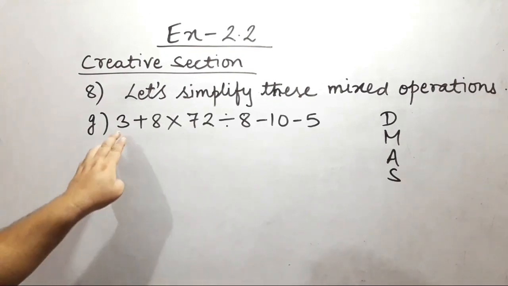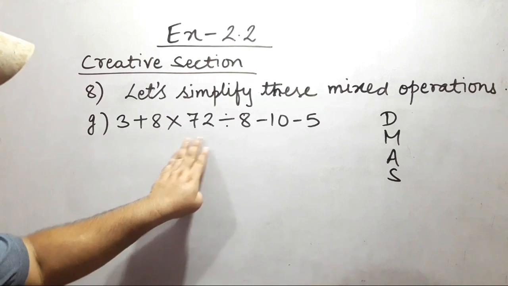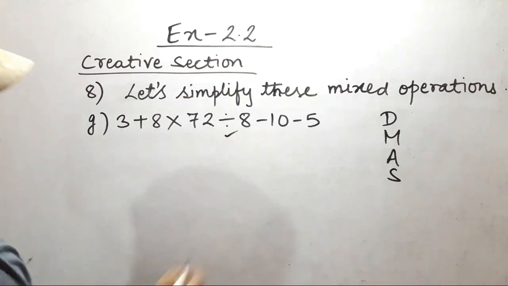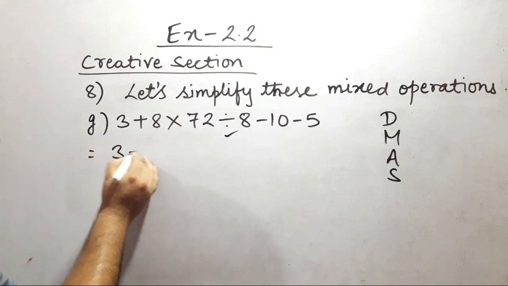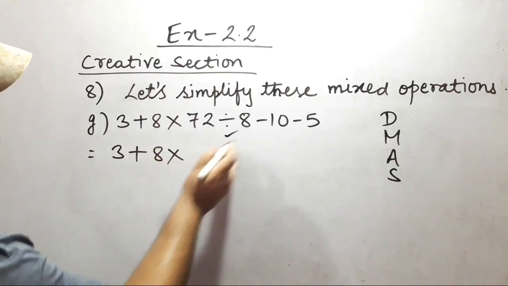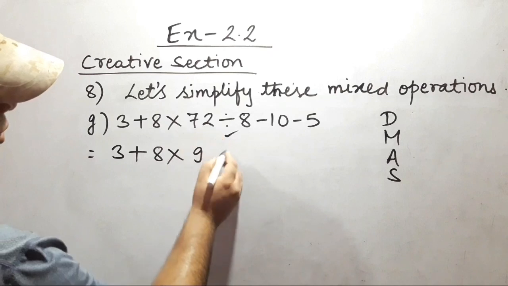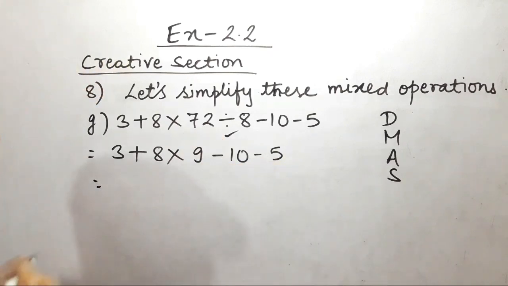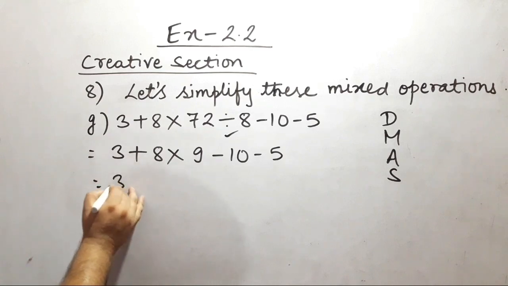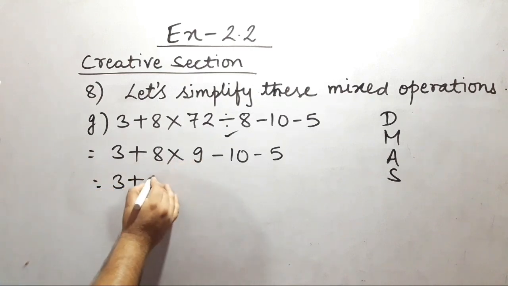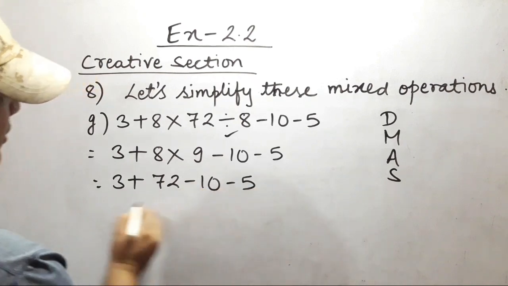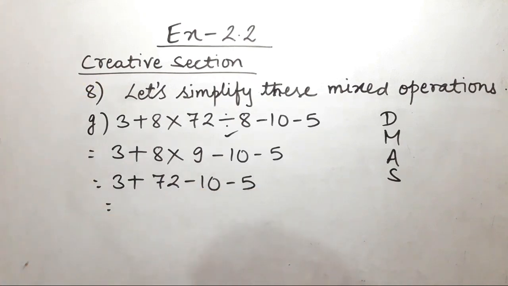Let's see the next. 3 plus 8 into 72 divided by 8 minus 10 minus 5. The division one at first. 8 9s are 72. After division, multiplication, 3 plus 8 into 9, 72 minus 10 minus 5. After multiplication, addition.